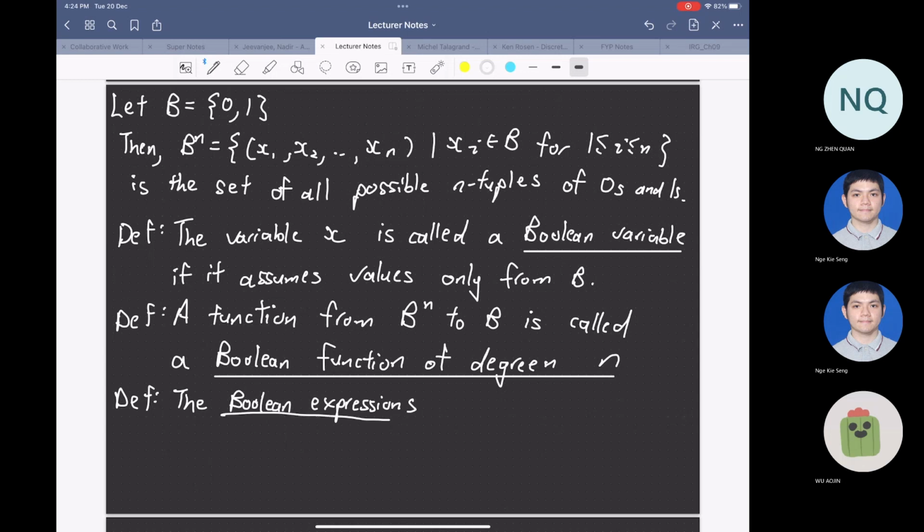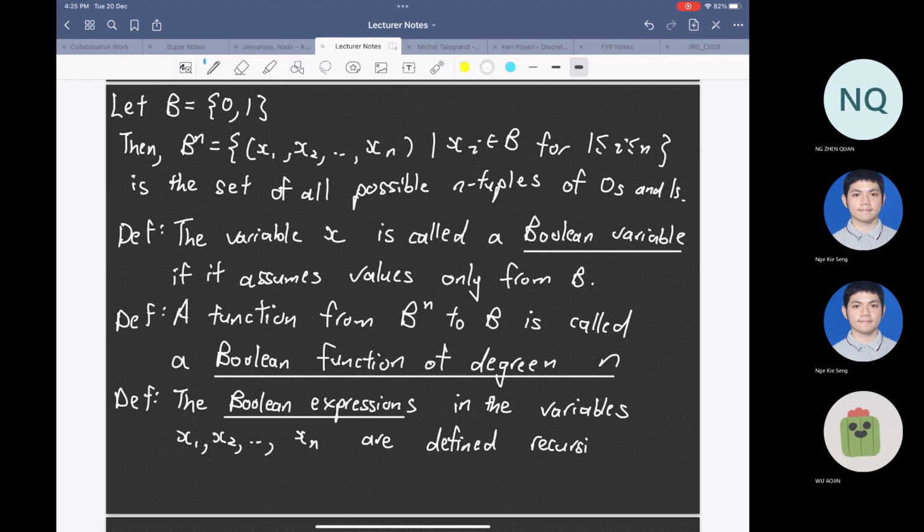Okay. So a Boolean expression is made out of 0, 1, and all different variables. Okay. So it can be defined recursively. So for example, 0 is a Boolean expression. 1 is also a Boolean expression. X1 up to Xn are all Boolean expressions.